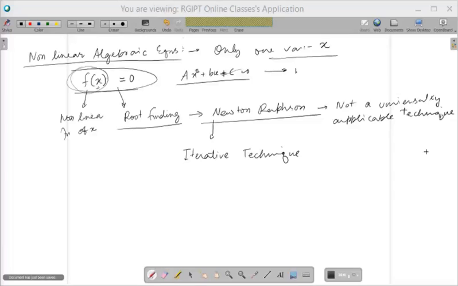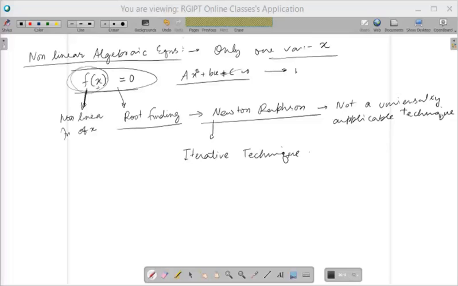If you are smart enough to guess a good value, not very far off from the actual root, you will get the correct value in very few steps. But if you are very far away and the function itself has certain properties, then you may get into trouble. You may never get the correct value.